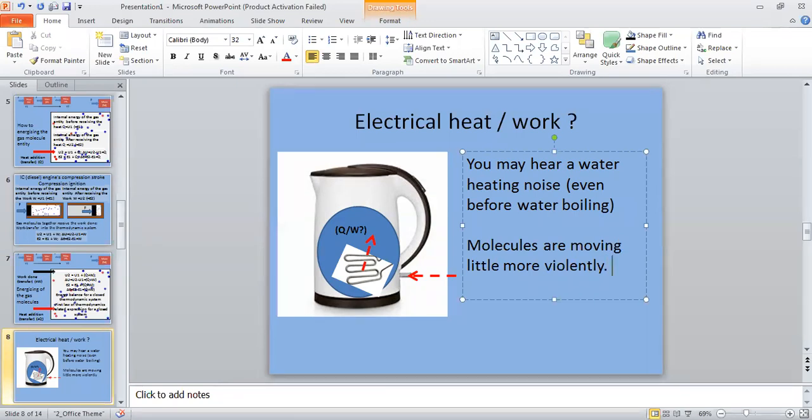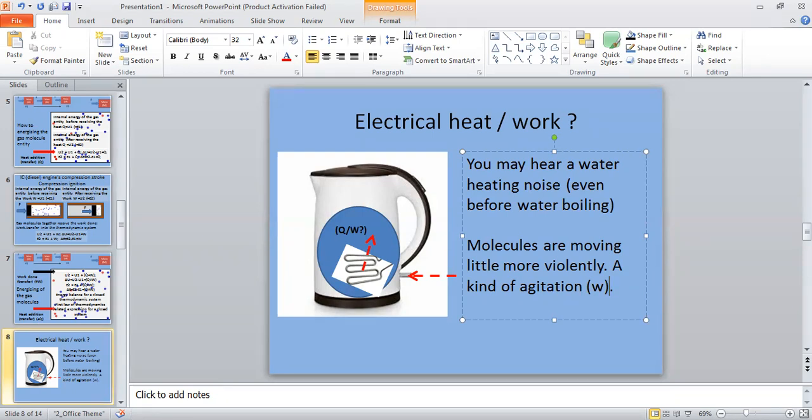A kind of agitation. So agitation means it's a W. Because of this agitation, we hear the noise.